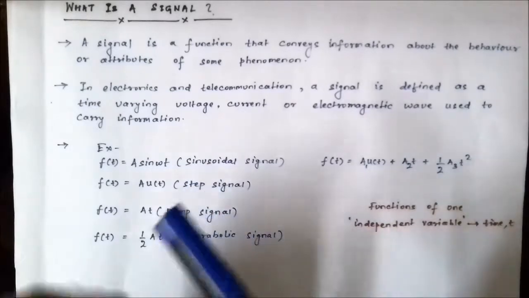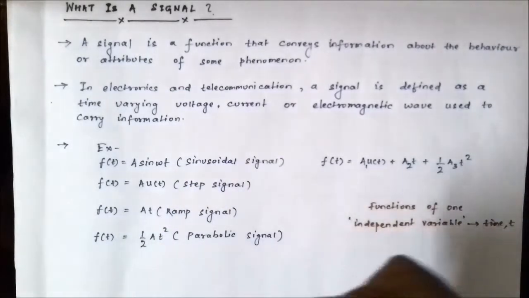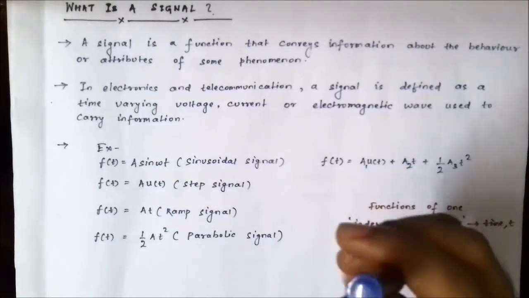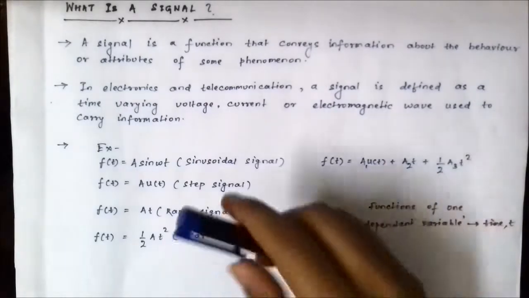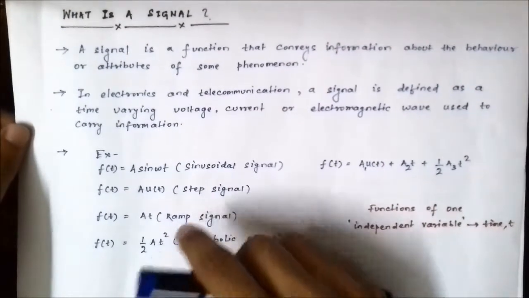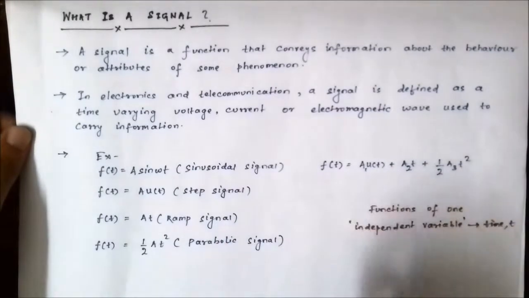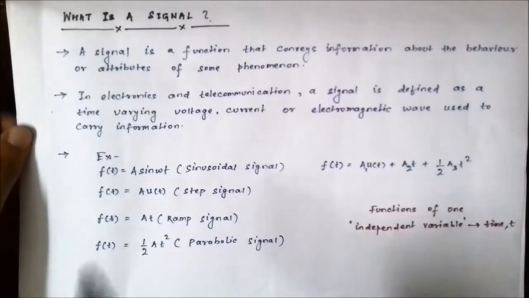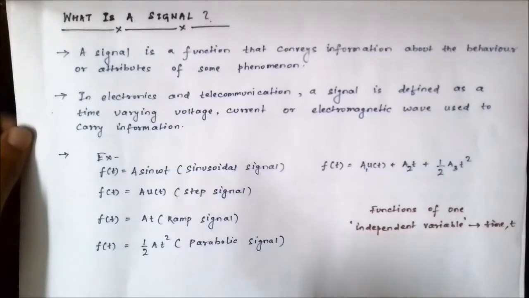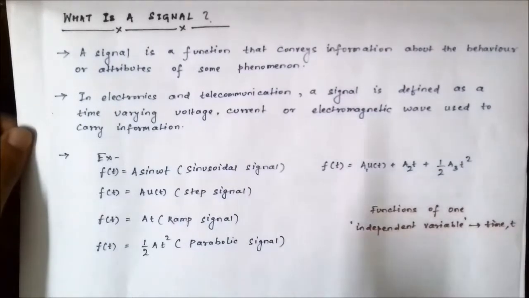So it is a current or voltage signal which is time varying, which contains the necessary data or information which is required to be transmitted from one point to another. In simple words, a signal is a time varying voltage or current containing the necessary data or information.